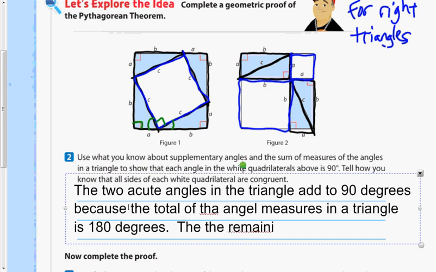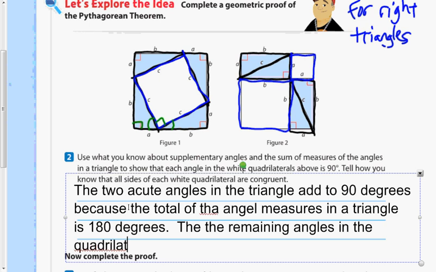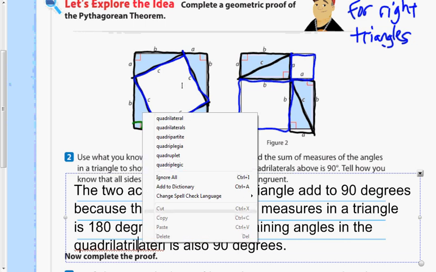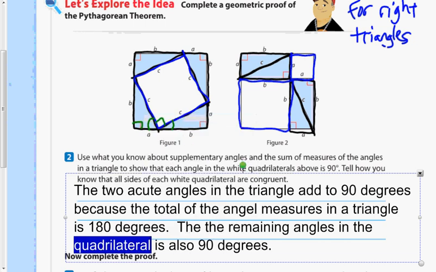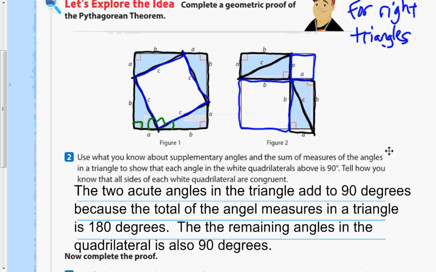So the remaining angle in the quadrilateral is also 90 degrees. Now, excuse my spelling. That kind of got messy there, and I will fix that. Okay? So that's with the angles.